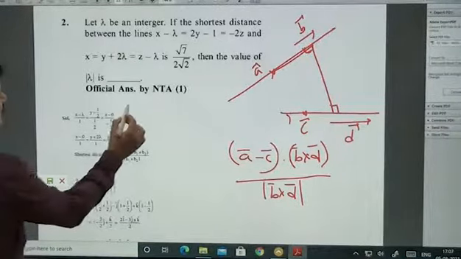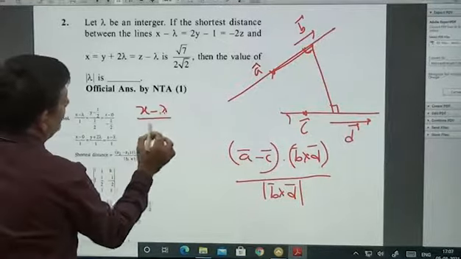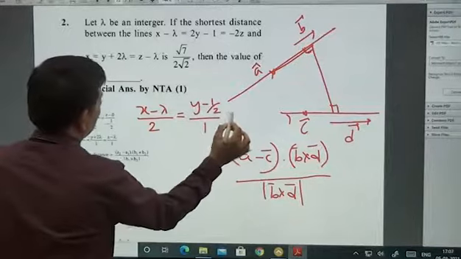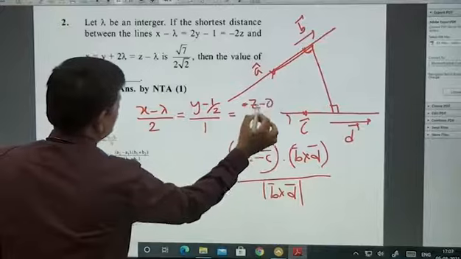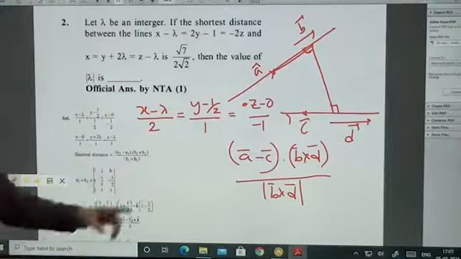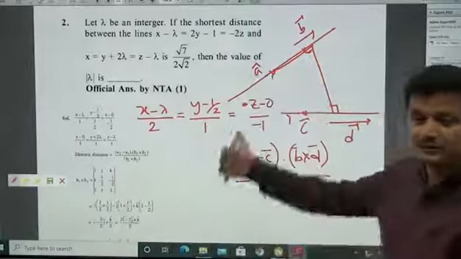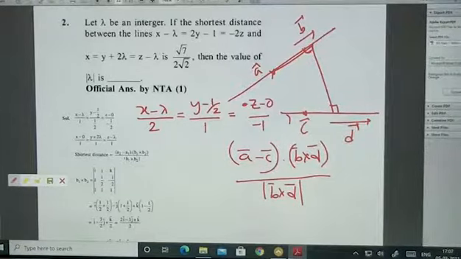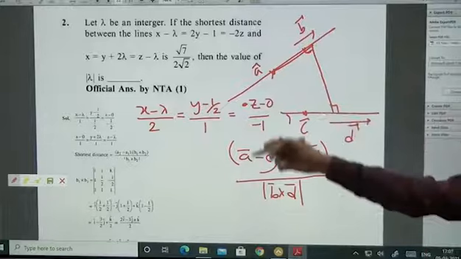Just convert this into vectors. The first one is x minus lambda by 2 equal to y minus half by 1 equal to minus z, meaning z minus 0 by minus 1. So what is your point A here? Lambda, half, 0. What is your vector B bar? 2i cap, j cap, minus k cap. Similarly, you can find the other line in symmetric form.